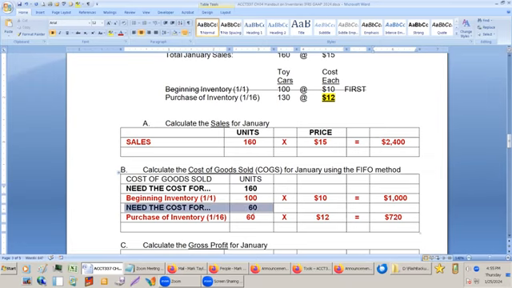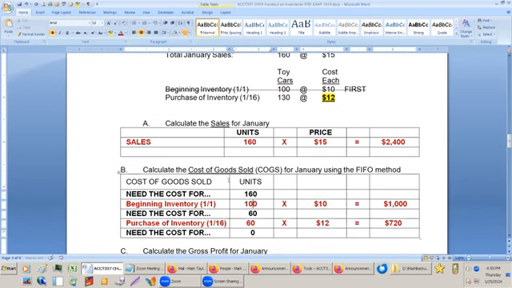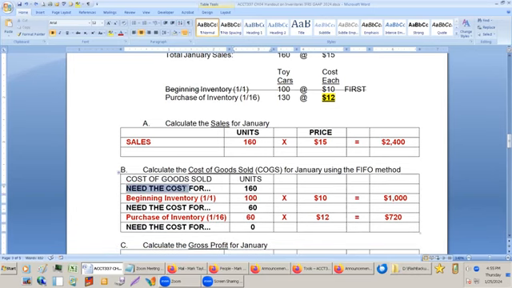And this is going to look really stupid. I'm going to put it in anyways. After, you don't need to find the cost. You only need to find 160 of them, and that's what we got. We really just need the cost for 160 items, and we got 100 from the first layer and 60 from the second.